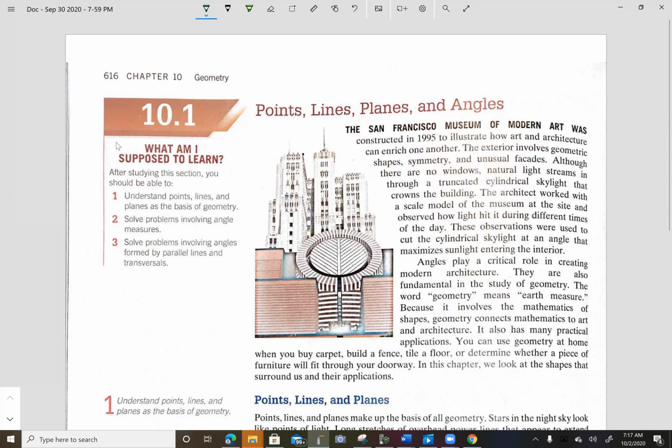So if we're taking a look at our objectives: understanding points, lines, and planes, solving problems involving angle measures like supplementary, complementary, and solving problems involving angles formed by parallel lines and transversals. If you remember, like alternate interior angles, same side interior angles, vertical angles, that type of stuff. All stuff we've done before and all stuff I think that comes back really easily if you've forgotten.